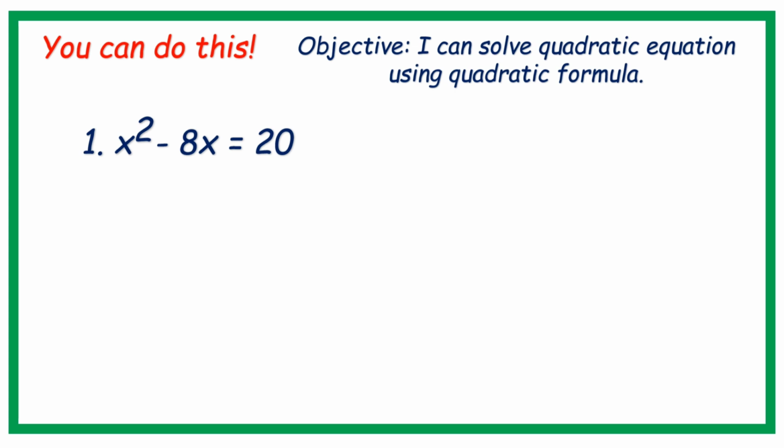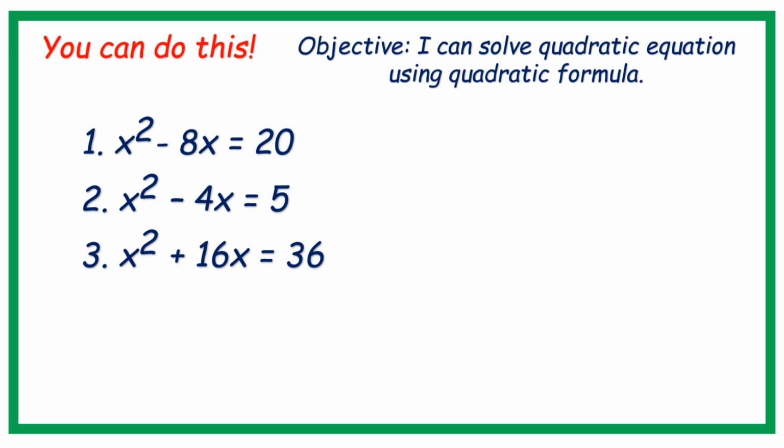Do not answer yet. Number 1, x squared minus 8x equals 20. That is x squared minus 8x equals 20. Number 2, x squared minus 4x equals 5. X squared minus 4x equals 5.